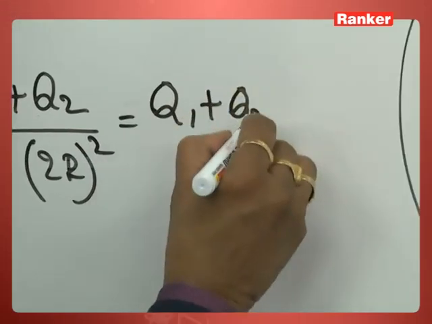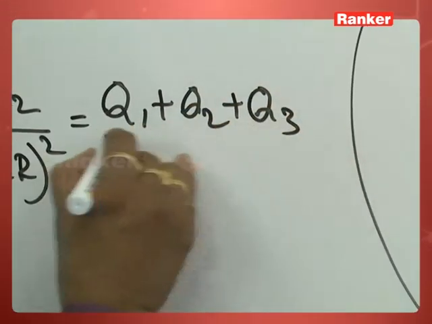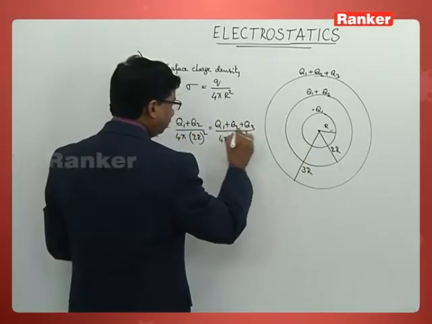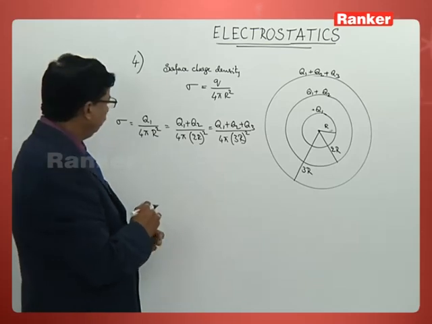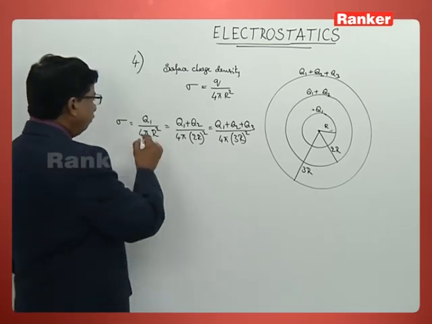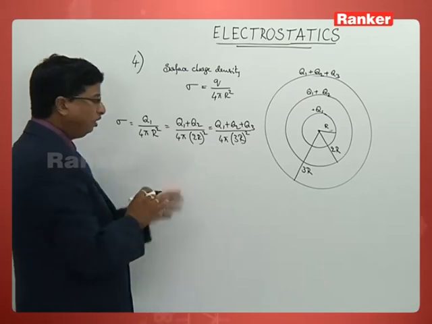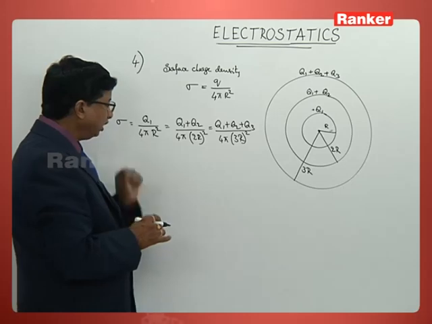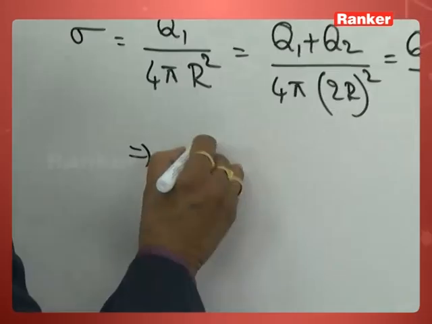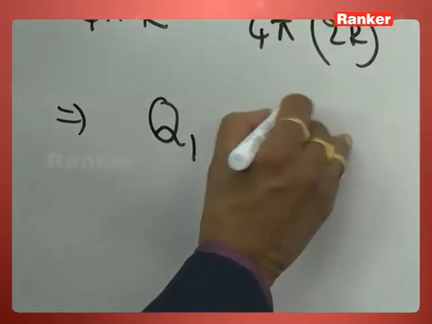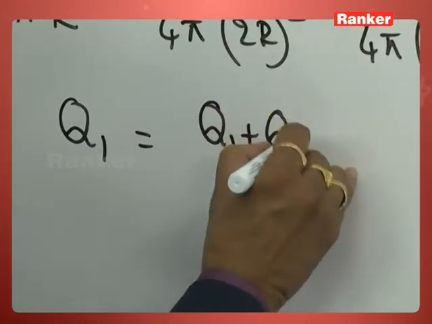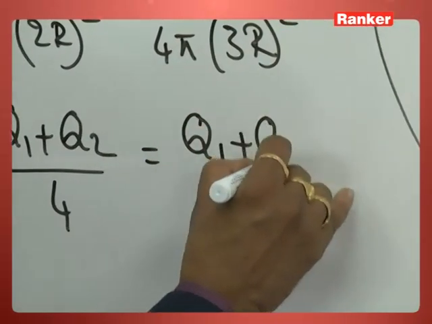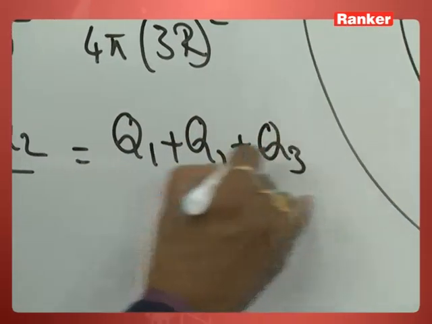Q1 plus Q2 plus Q3 by 4 pi into 3r whole square. So you can straight away understand 4 pi r square gets cancelled throughout in the denominator, but here you will be getting 4 left. That means Q1 is equal to Q1 plus Q2 by 4 is equal to Q1 plus Q2 plus Q3 by 9.